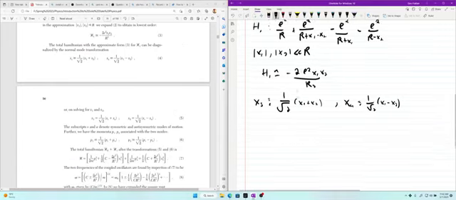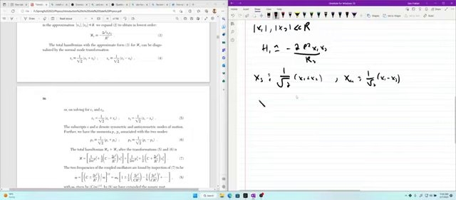And then if we solve for x1 and x2, we get x1 equal to 1 over root 2 (xs plus xa), and x2 equal to 1 over root 2 (xs minus xa). A and S refer to the symmetric and anti-symmetric modes of motion: symmetric, they add; anti-symmetric is the difference.